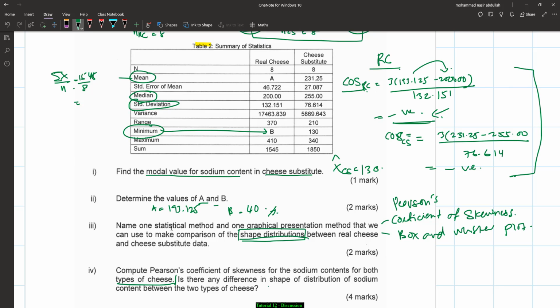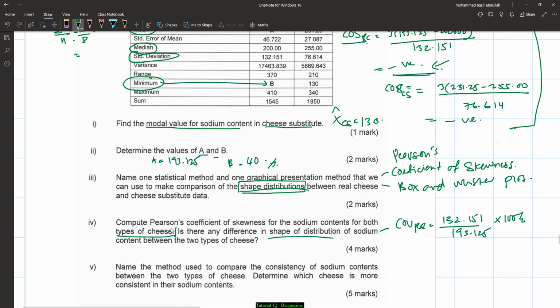By the shape of distribution, you can say whether by using a coefficient of variation lah. Coefficient of variation for RC is 132.151 divided by mean 193.125 multiplied by 100%.